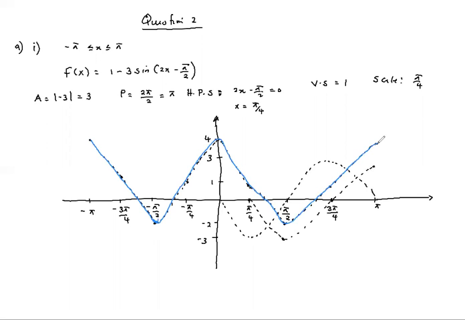So this is our f of x is equal to 1 minus 3 sine 2x minus pi over 2 within the required interval.